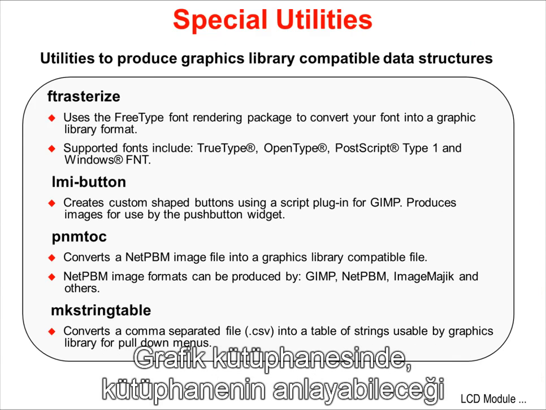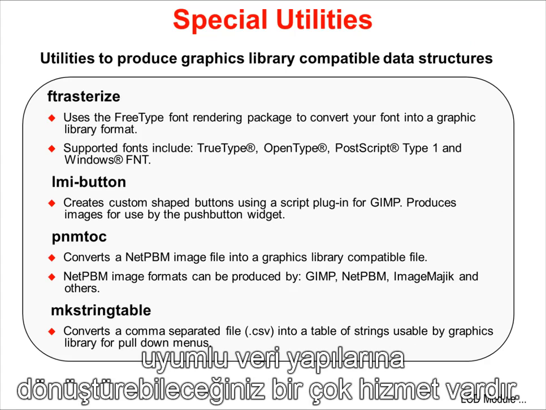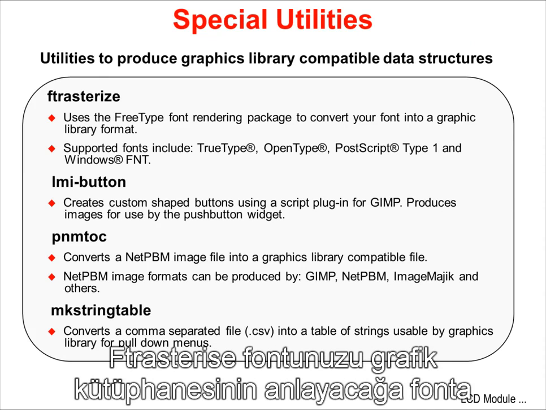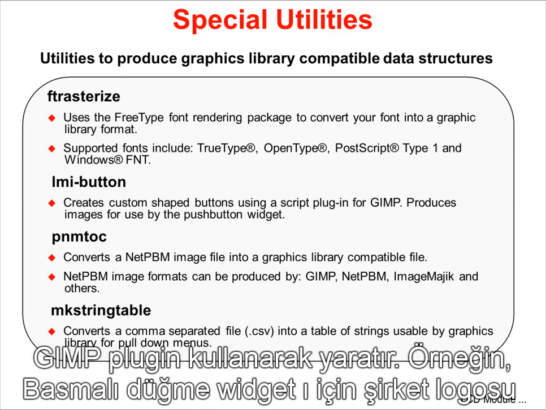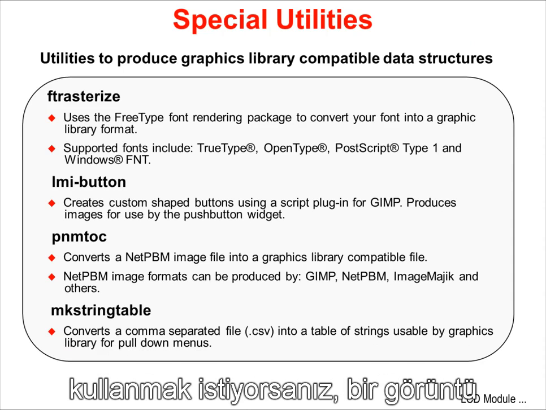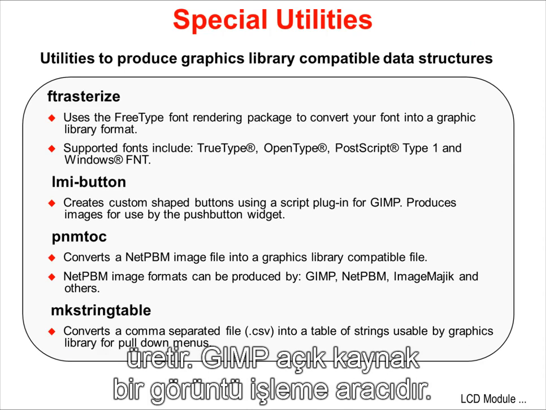There are several utilities included in the graphics library that allow you to create compatible data structures that the library can understand. Rasterize converts your font into a font that the graphics library can understand. LMI Button creates custom shape buttons using a GIMP plugin. It will produce an image, for instance your company logo, for use by the push button widget.